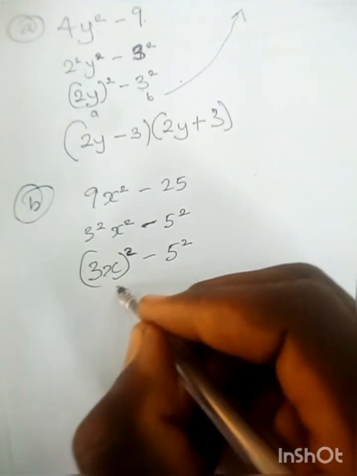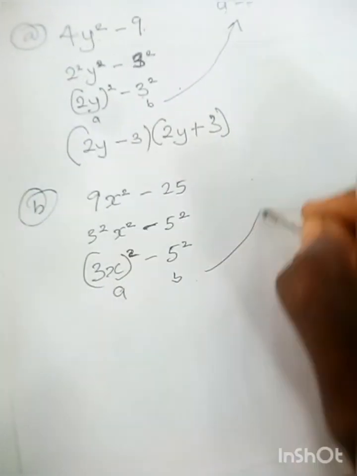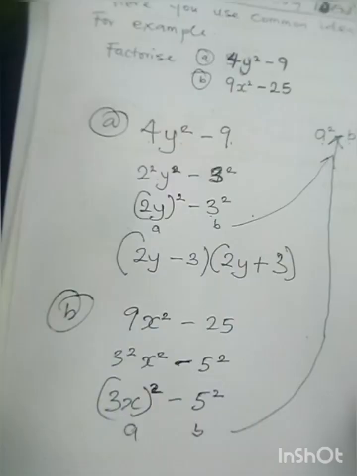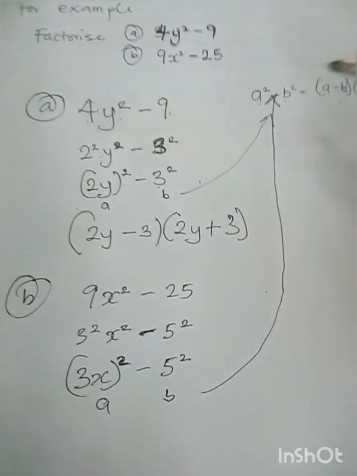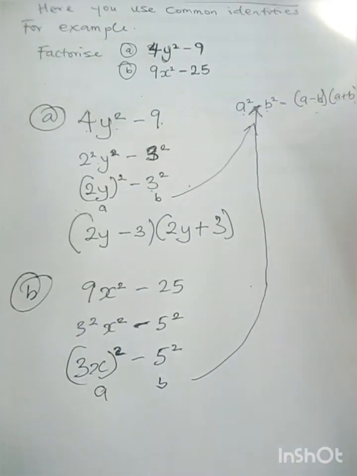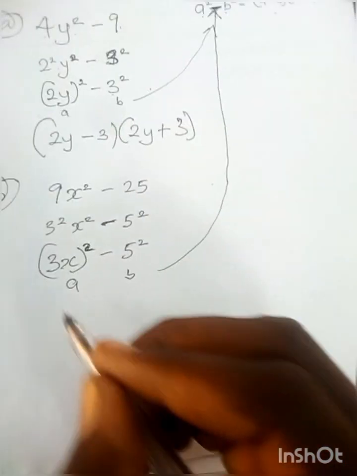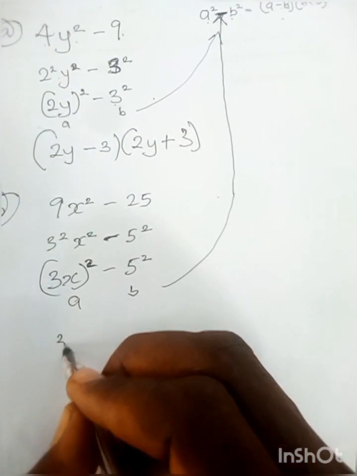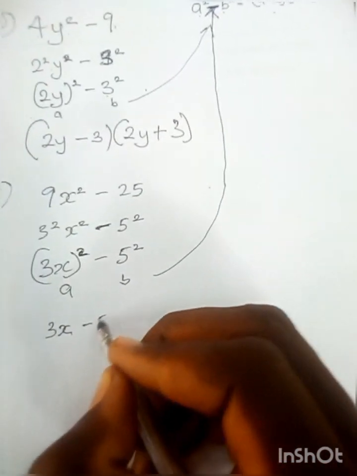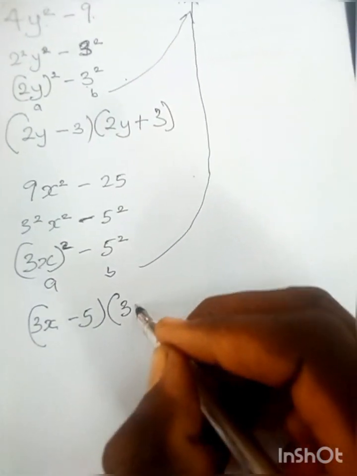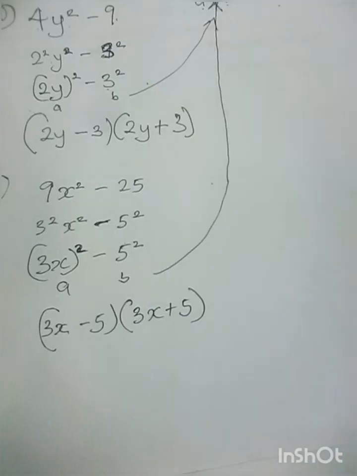Now we can say this is A and this is B. Here is minus, so it already looks like this. Can I say here is 3x minus 5 into 3x plus 5? So that is it.